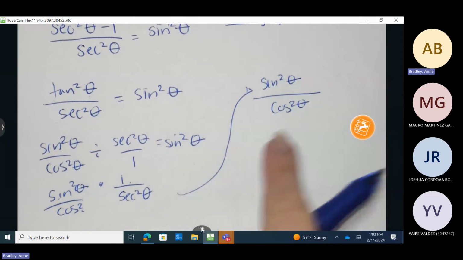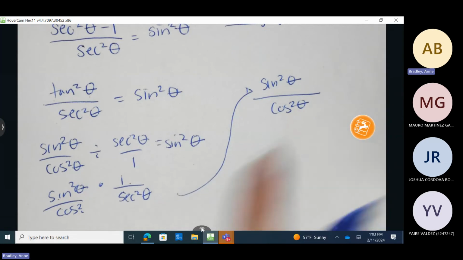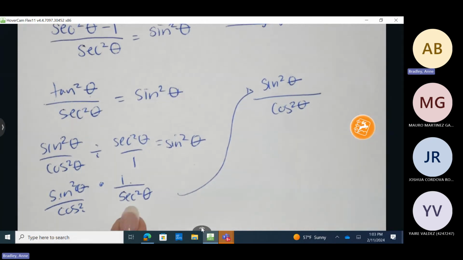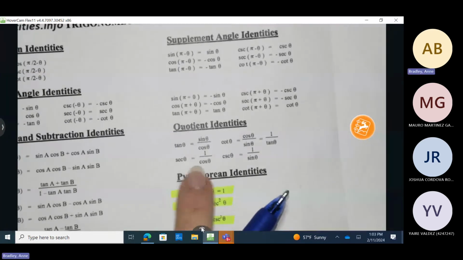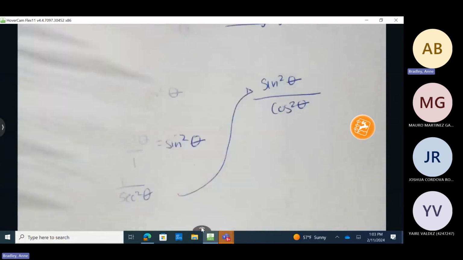Now, before I write down secant squared theta right next to it, there are two different ways that I can think of that I could write this. When I write secant squared theta on the bottom, notice that secant and cosine are simply reciprocals of one another. So if I move secant from the bottom to the top, then I'm able to translate it into a cosine.